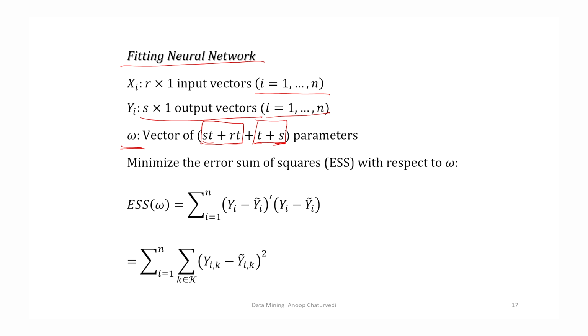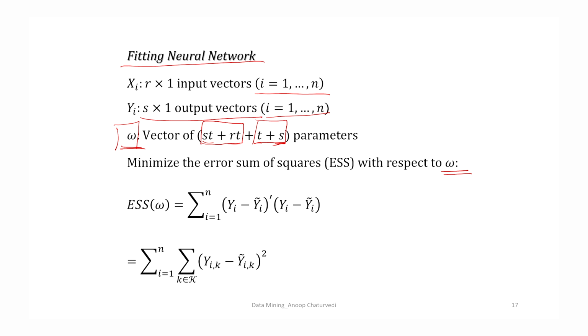Then basically you have to obtain omega, and for that purpose we minimize the error sum of squares with respect to omega. The error sum of squares is the summation i equal to 1 to n of (y_i minus y_i curl) transpose (y_i minus y_i curl), which is equal to the summation i equal to 1 to n, summation k belongs to capital K, of (y_ik minus y_ik curl) whole square.